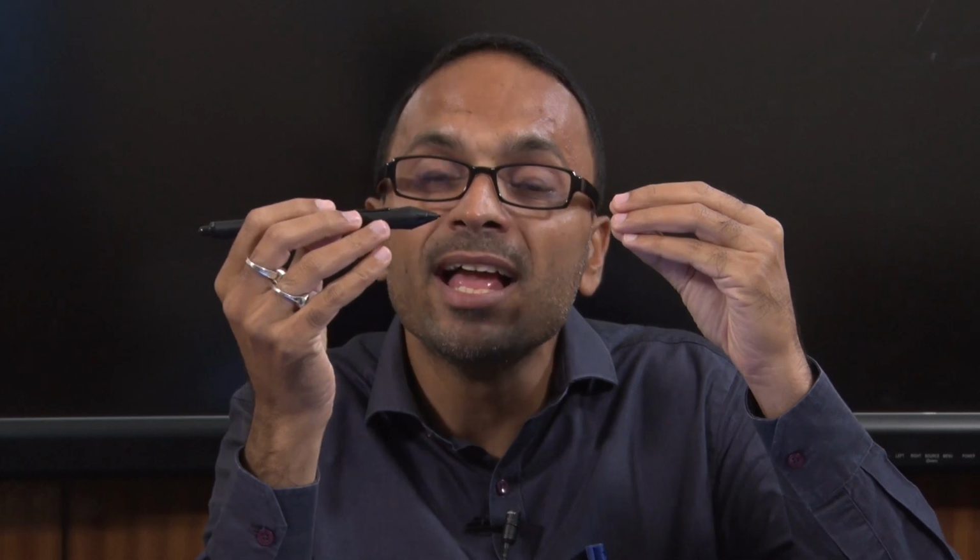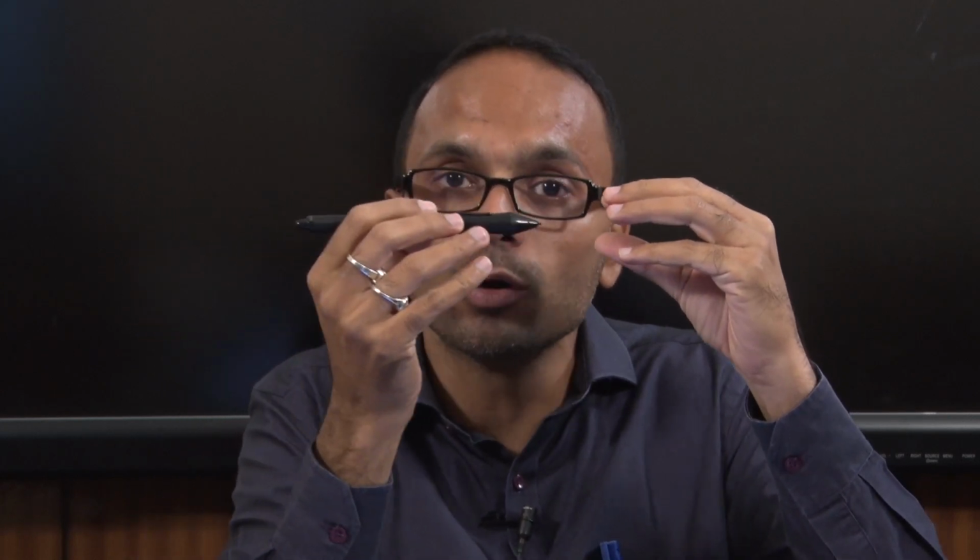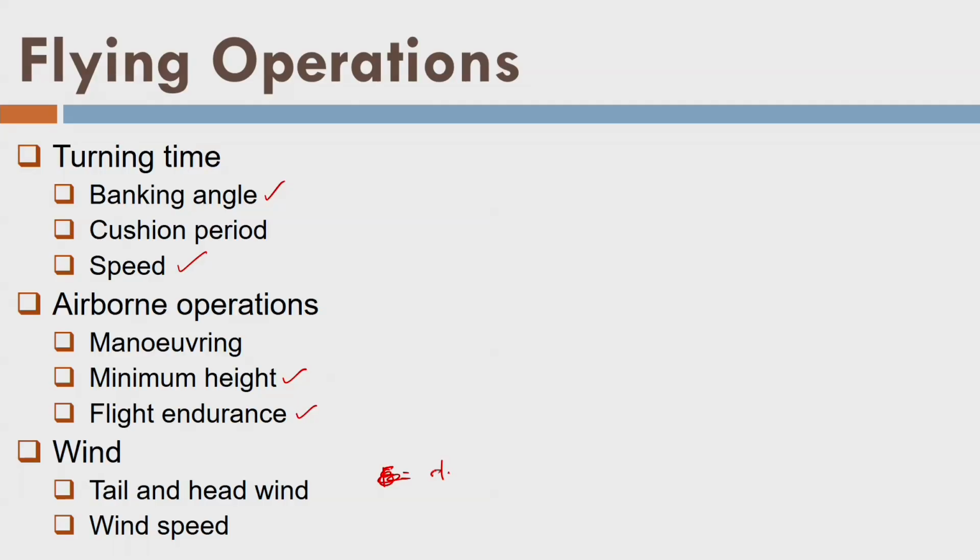Now coming to the wind. Let us assume that the wind is flowing and the aircraft is heading towards the wind. That is called headwind, and as a result the speed of the aircraft is lower and we get higher data density. You can see the expression of the data density. The data density equals F by B S V. So if I have headwind, what will happen?